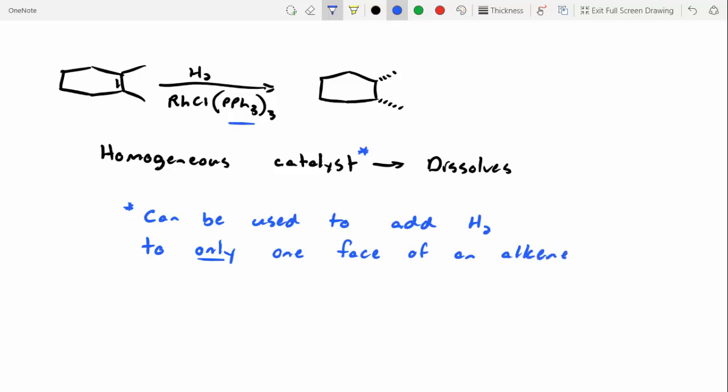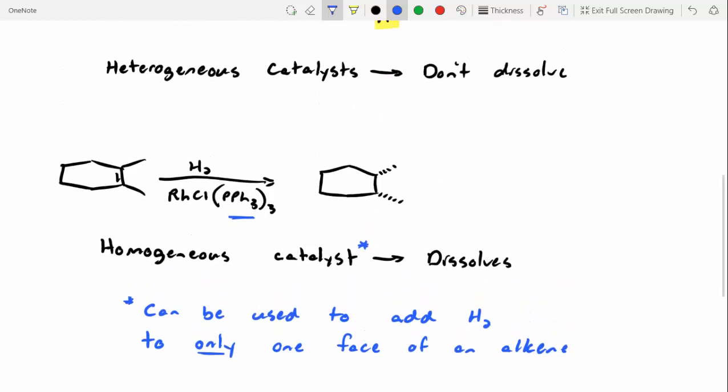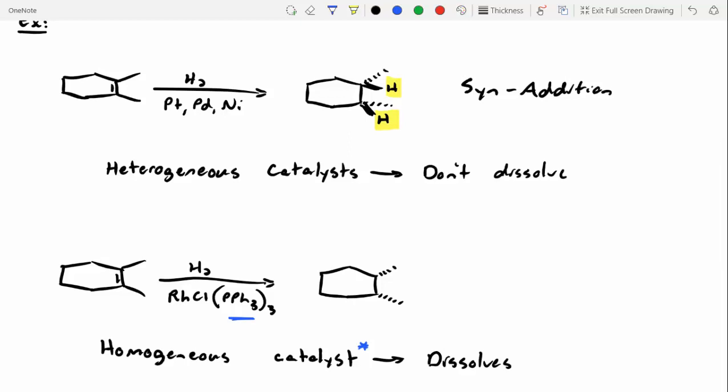Oftentimes when they do this, they change this triphenylphosphine ligand to some ultra exotic ligand that's chiral. That way it can only approach one side of the alkene and not the other side. But for our class, we're typically going to see platinum, palladium, or nickel used in examples. They're a lot easier to remember.